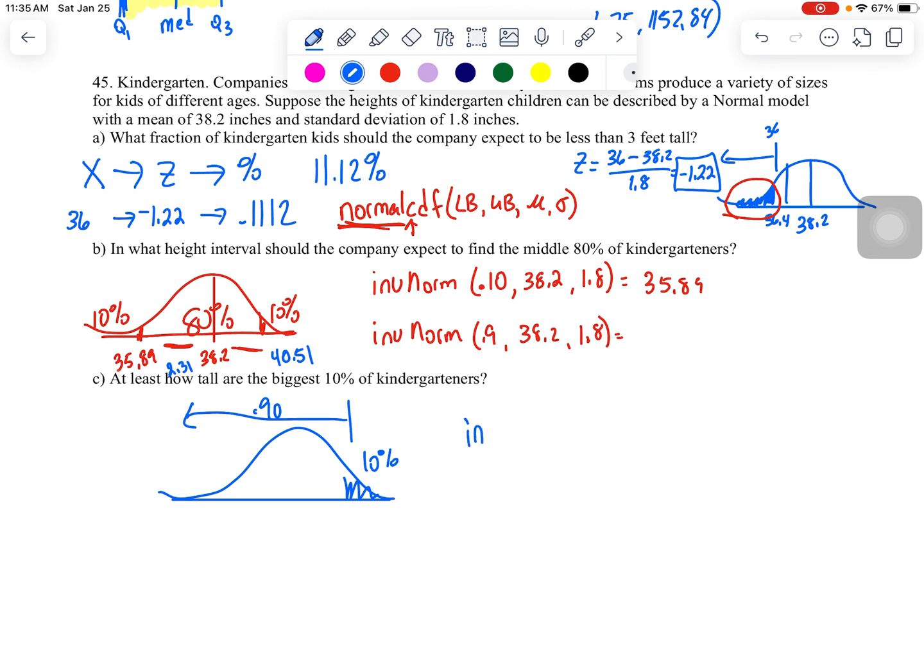The area is 0.9, the mean is 38.2, and the standard deviation is 1.8. I am sorry, this video probably took forever. Anyway, it's 40.51.